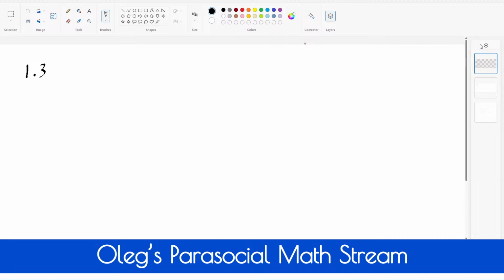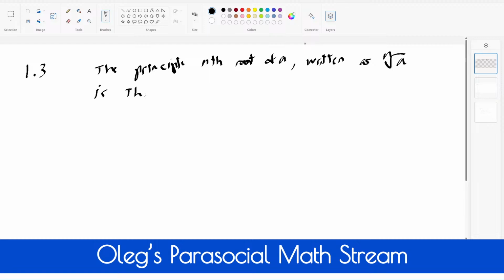The index of the radicand is n. And this is on page 36. It's the definition.